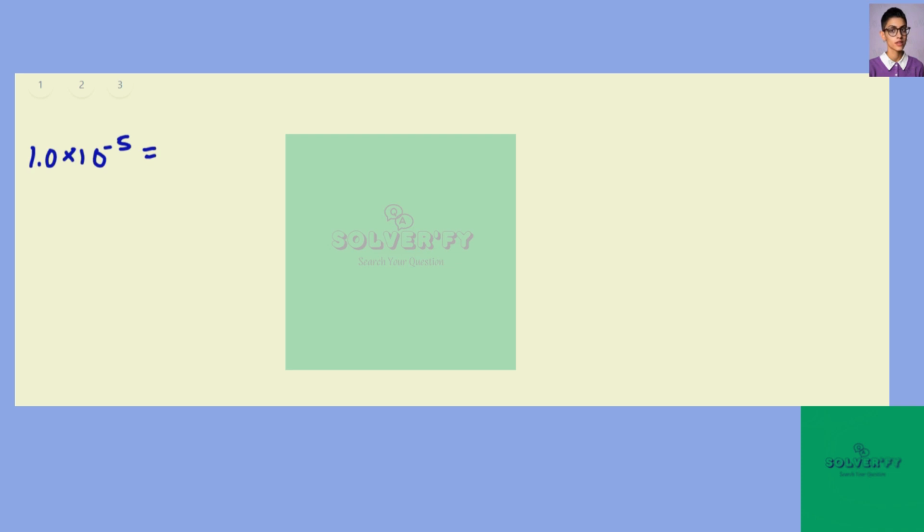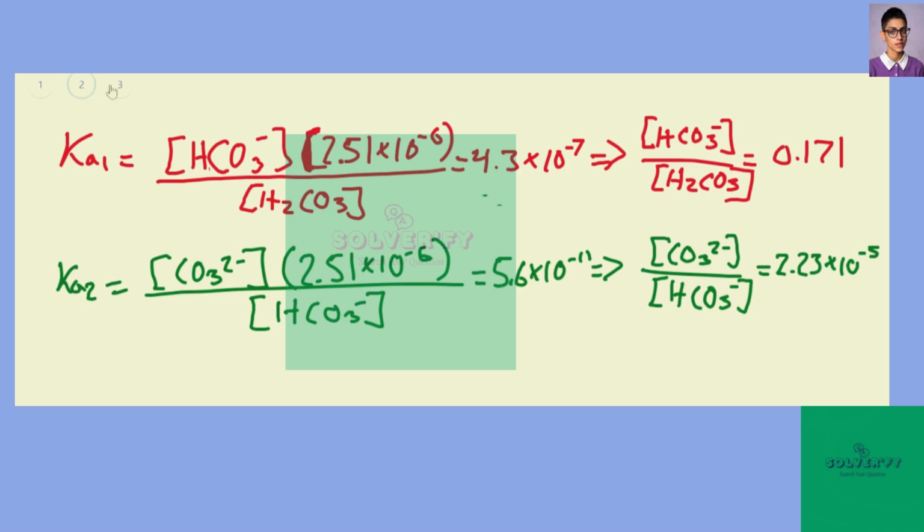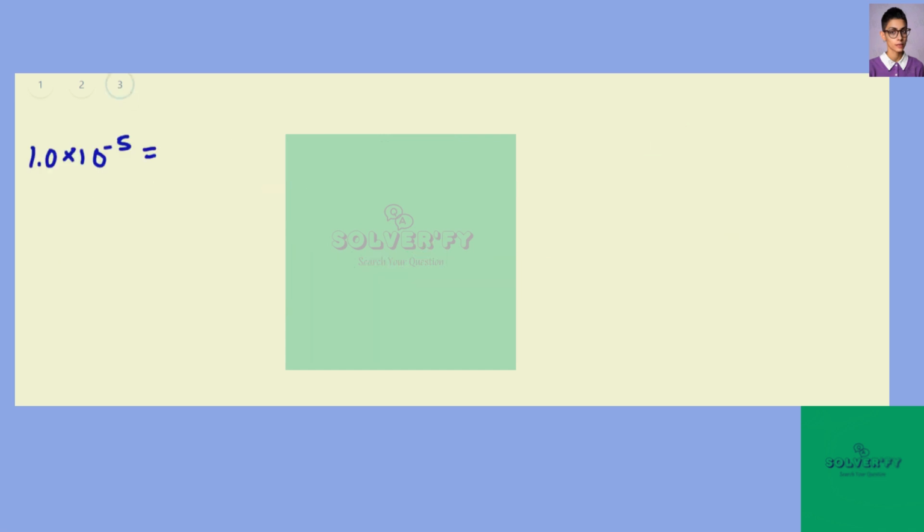So this is equal to carbonic acid concentration. But if we solve this expression for H2CO3, what we get is HCO3 minus divided by 0.171 is equal to H2CO3.